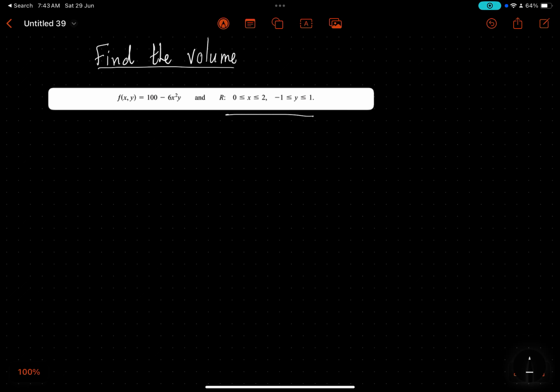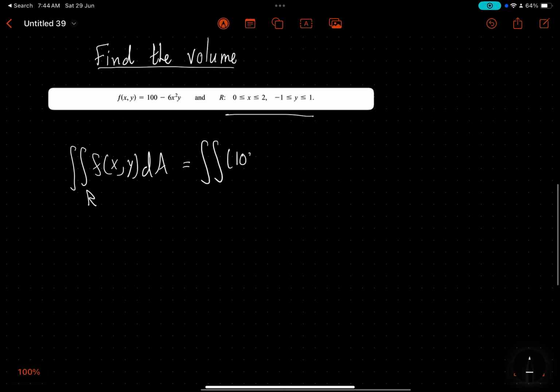So let's do it. Now we're going to have the double integral of R, f of x y dA, which is going to equal, we're going to use the theorem, Fubini's theorem. So we're going to first write 100 minus 6x squared y.